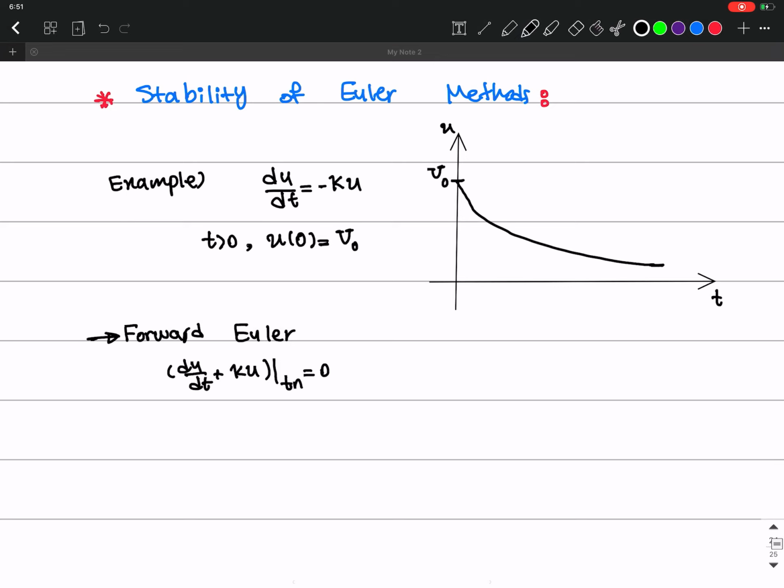So our approximation will be u at n plus 1 minus u at time n over delta t equals minus kappa u at n, right?